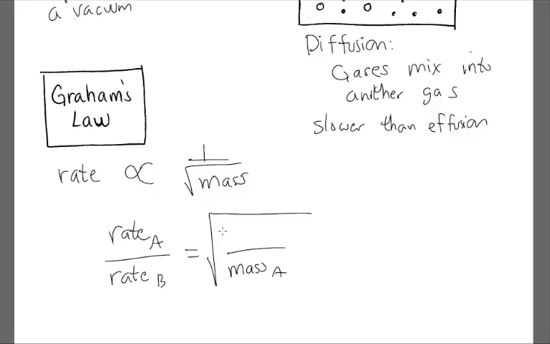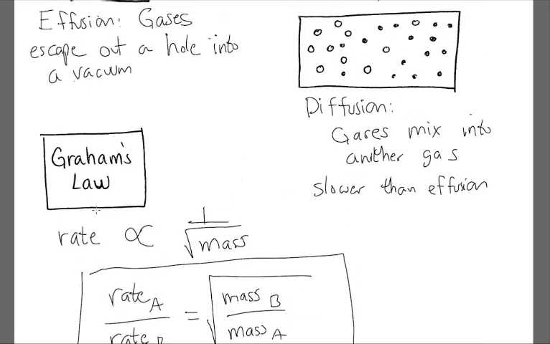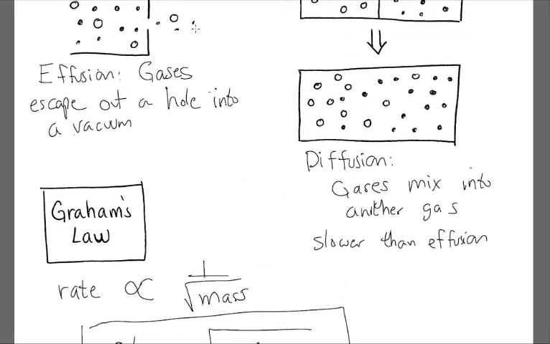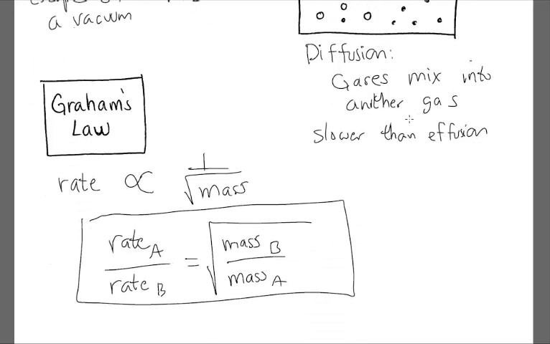Okay, because they're inversely proportional. So the B's are across from each other, the A's are across from each other, and they're both under the square root. And so this is our expression of Graham's law, which covers both. So again, the rates of A and B effusing would be faster, but the ratio of the rates of A and B effusing is the same as for diffusion.